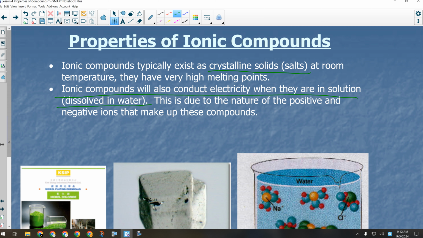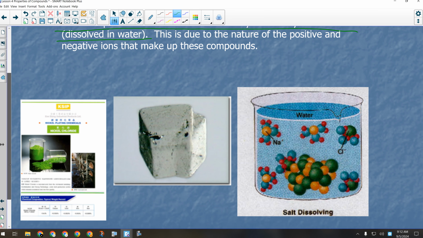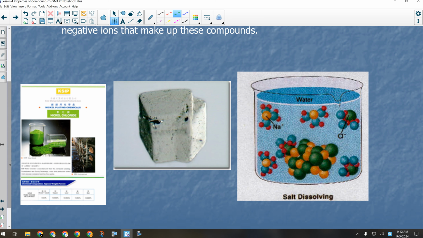Everybody with me so far? So crystalline solids, would all the ionic compound crystals look different? Yes. In fact, if you take university chemistry, one of the things you do when you're looking at different ionic compounds is they have a special microscope for looking at the crystal shape, and you get hexagonal, tetrahedral, all these different crystal shapes for each ionic compound.